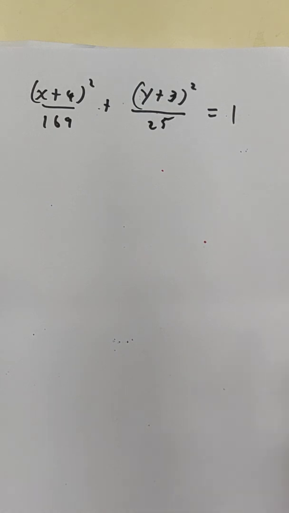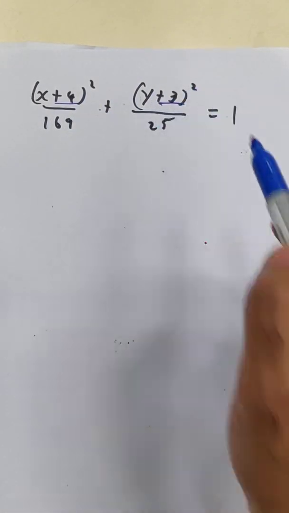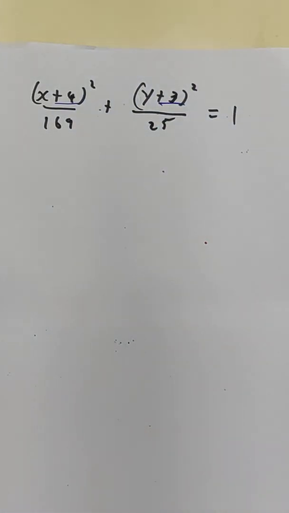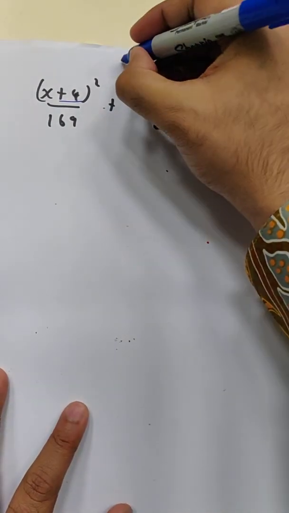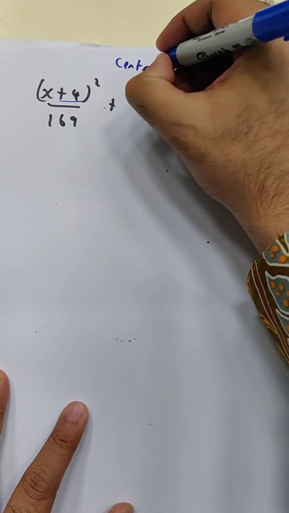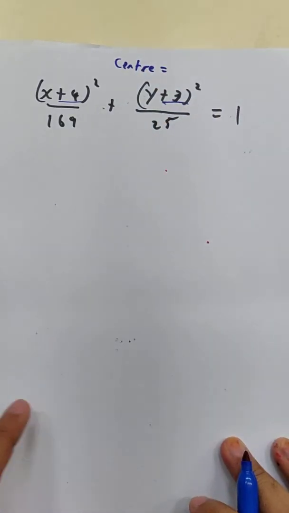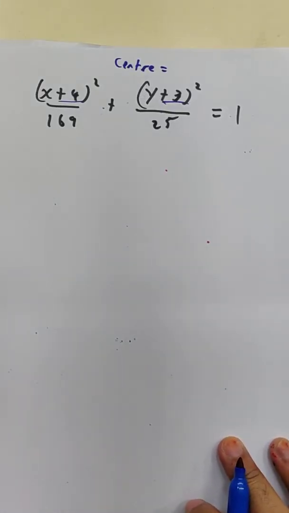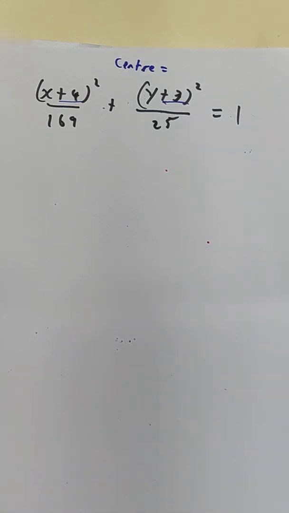Okay, I'm going to give you some tips. What do this plus 4 and plus 3 mean? That's the position of your center. So your center equals negative 4, negative 3. Am I right? Yes.